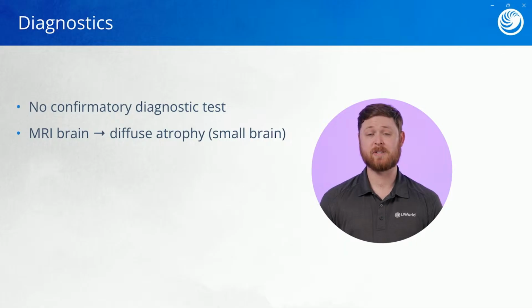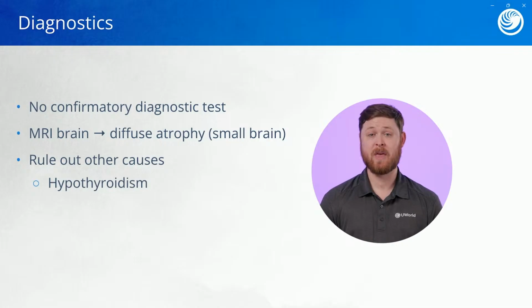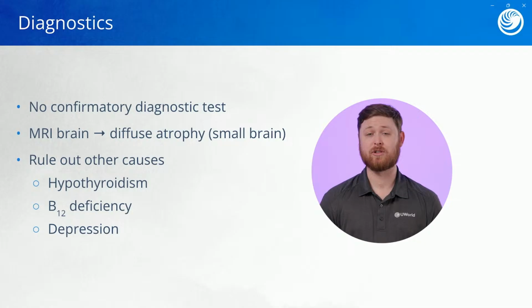As the brain tissue is scanned, the healthcare provider is going to look for any diffuse atrophy of the brain tissue. And other causes will be ruled out. So for things that cause a decreased metabolism or decreased cognitive function like hypothyroidism, B12 deficiency, and depression, the healthcare provider will make sure to screen the client for these before diagnosing them with Alzheimer's disease.